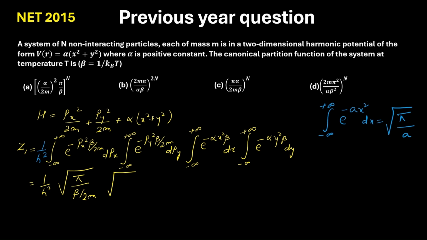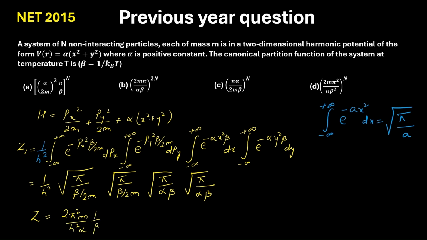Then the second integral will be the same, pi divided by beta by 2m. The third integral we will have pi by alpha beta, and the fourth integral will also have pi by alpha beta. We can simplify this and you get an expression 2 pi squared m by h squared alpha times 1 by beta squared. So this is the partition function for a single particle.